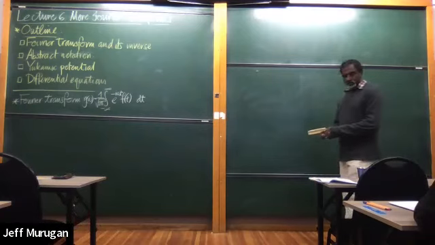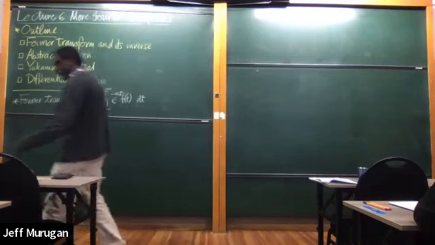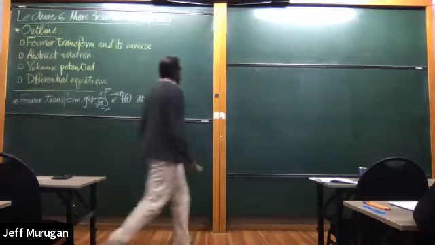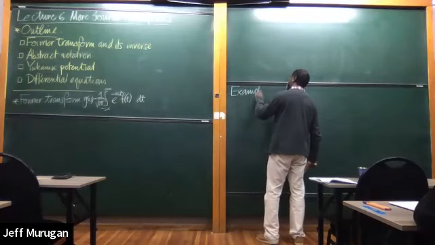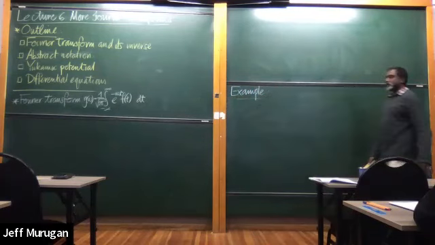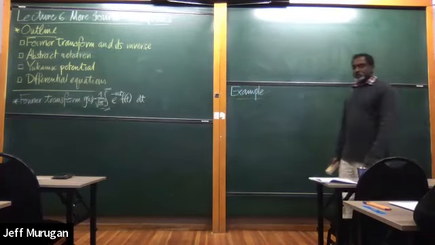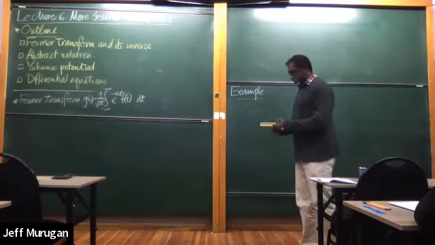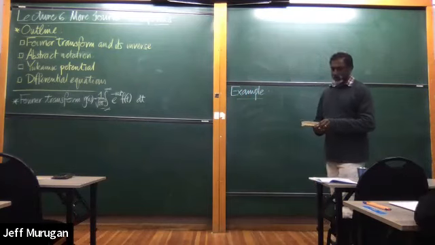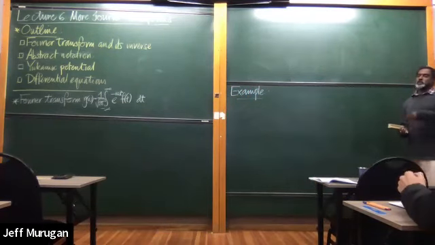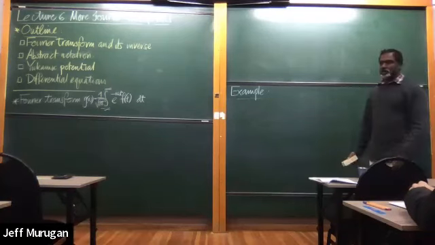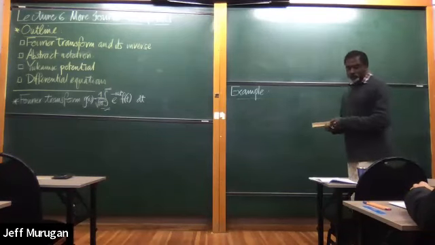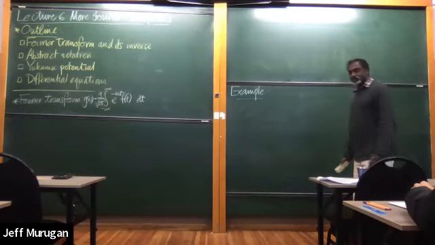Now I would like to do another example that will illustrate for us how to find the inverse of a Fourier transform. So again, we did the example where we mapped the exponential e to the minus alpha mod x to 2 alpha over alpha squared plus k squared, whatever the parameter was. So now I want to look at a slightly less trivial example.